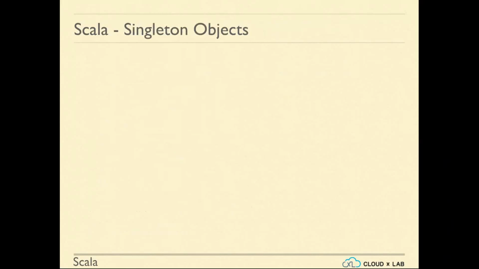Now, Scala has a predefined meaning of singleton objects. In other languages like C++ or Java, you always end up creating one particular class that you don't want people to create many objects of. Say, for example, you are building a large application, and in that application you have a configuration object, which is generally common to the whole application.